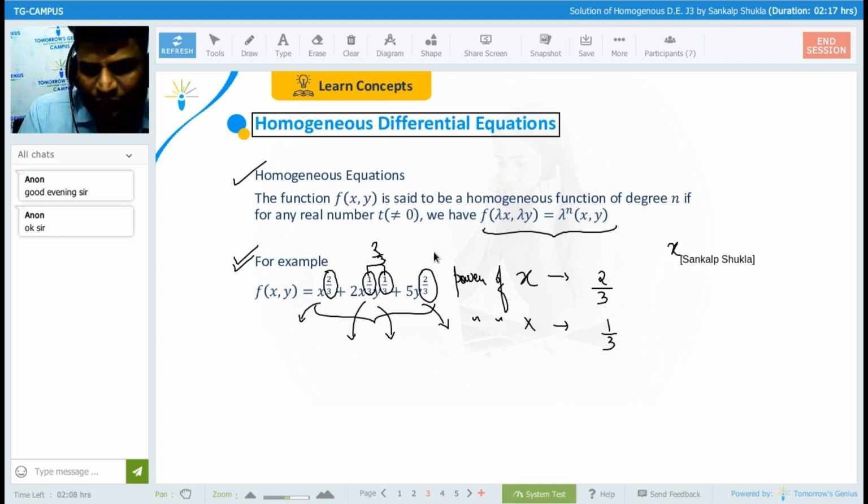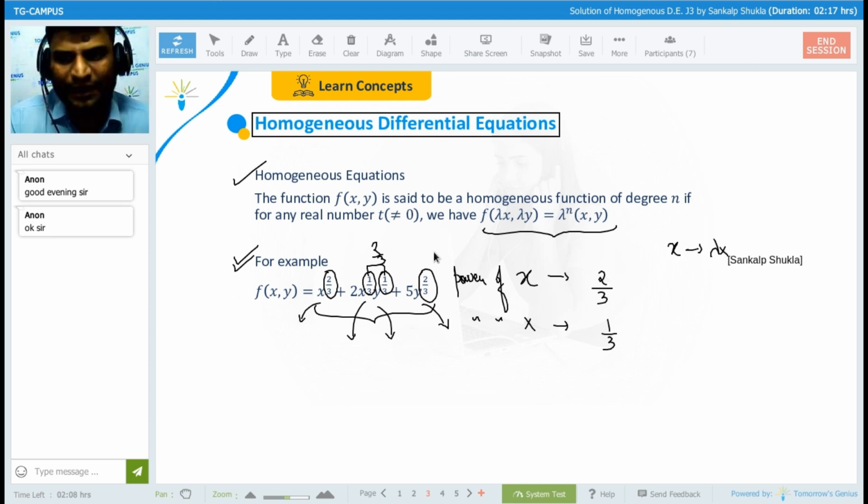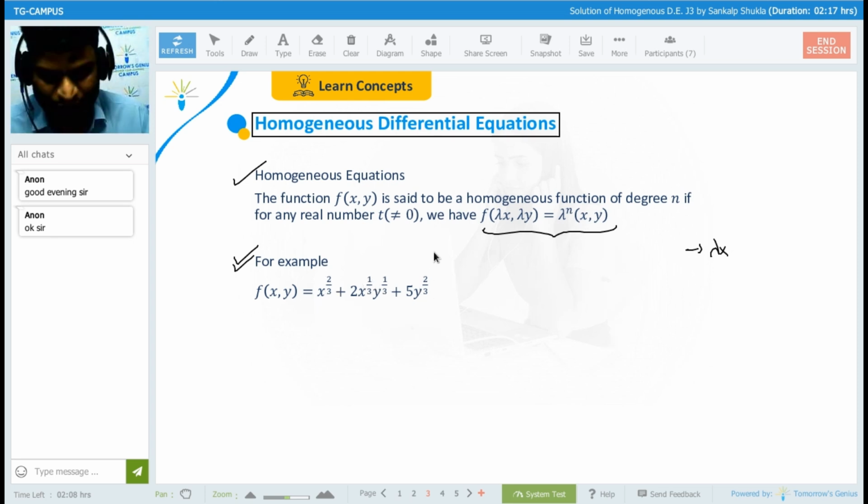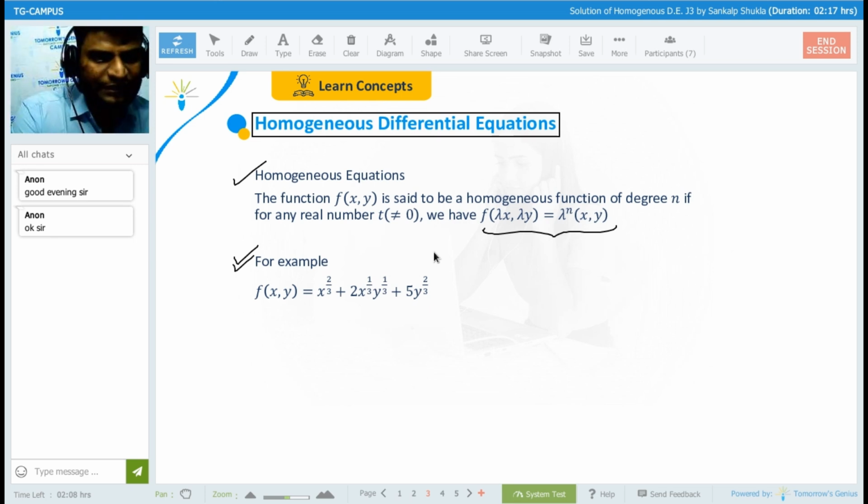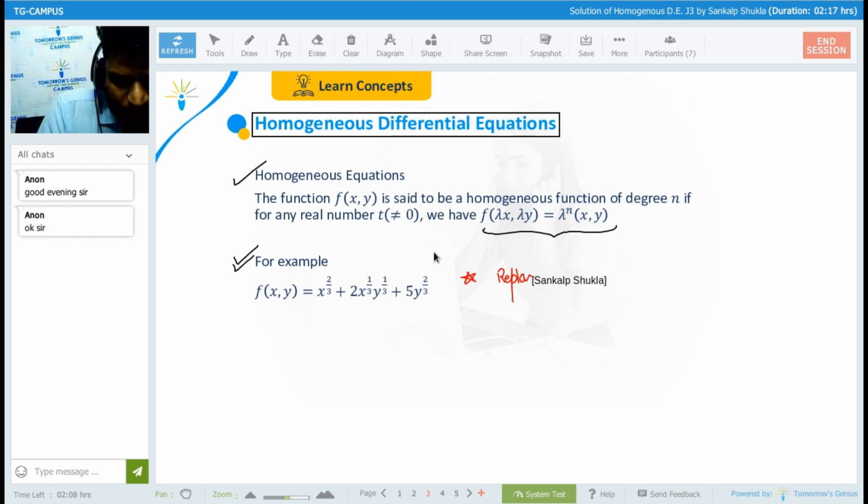If you just replace your x with lambda x, what will happen? Let me do it properly with the standard method. The trick says replace x with lambda x and y with lambda y.